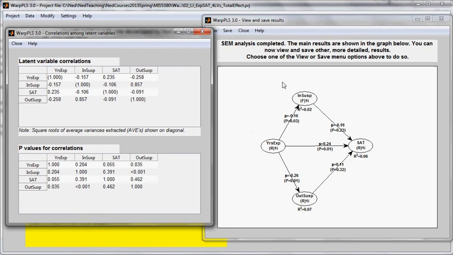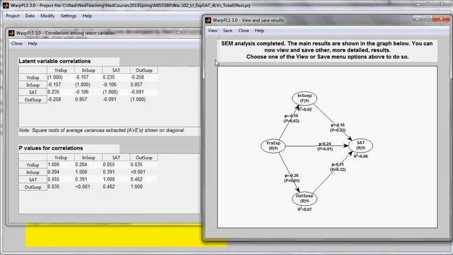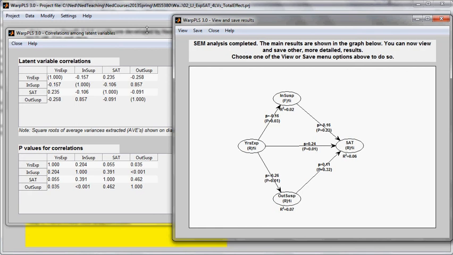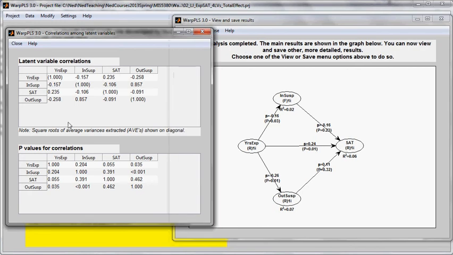So when I compare these path coefficients that I see here with the correlation coefficients, I see that in one case, only one case, which is this case here, this path coefficient is positive and the correlation coefficient is negative.